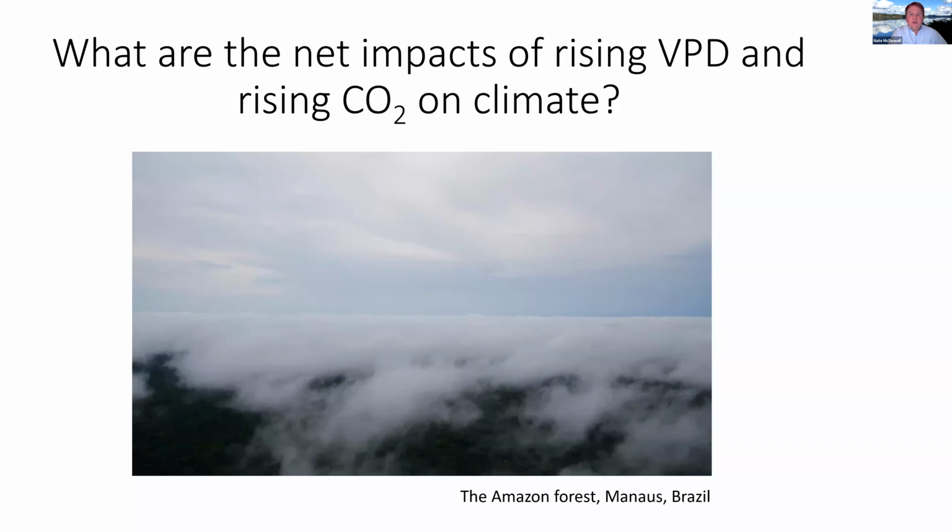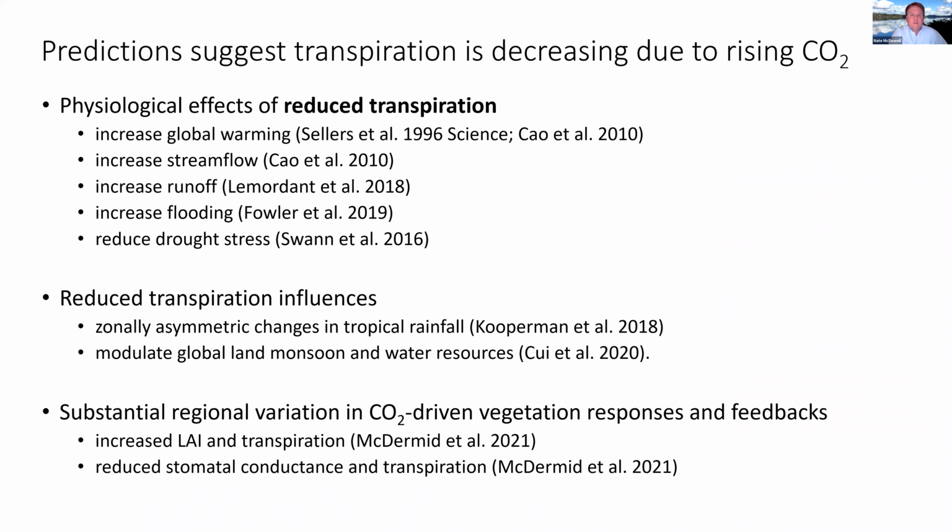What are the net impacts of rising VPD and CO2 on climate? This is a summary slide of some, but not all, of the evidence we have based on model analyses that suggest at the large scales we should have reduced transpiration.